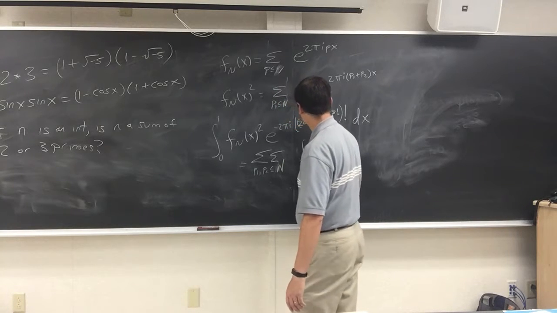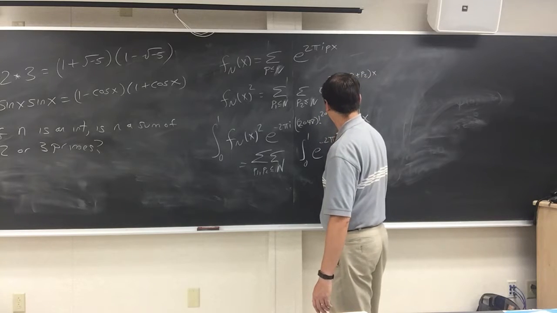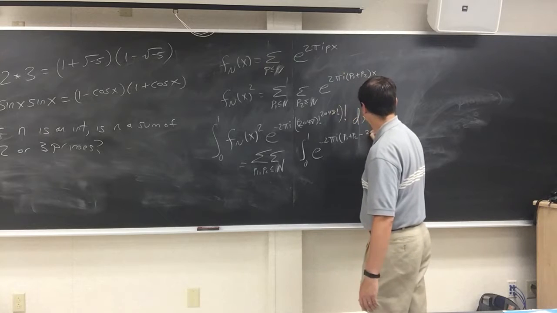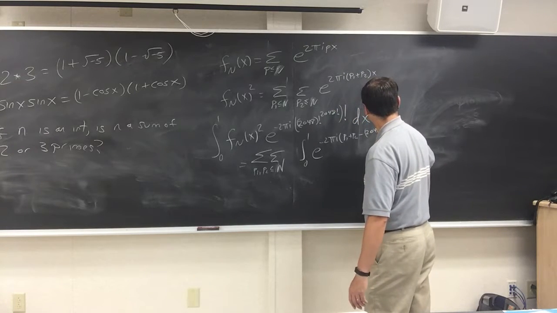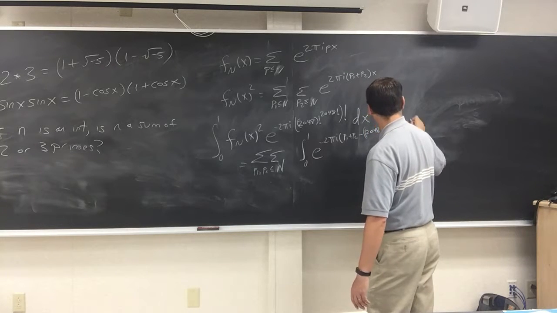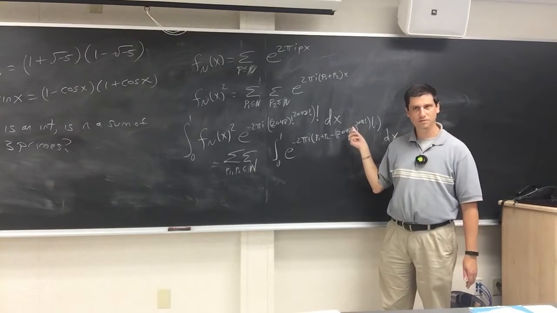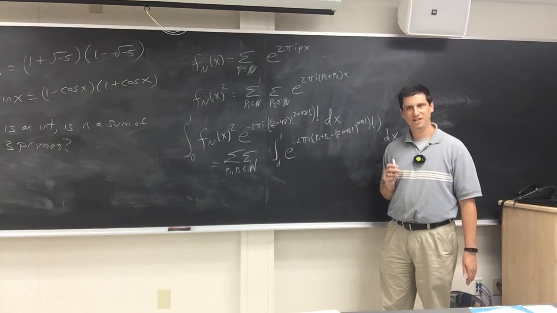And then I'll have the integral from 0 to 1 of e to the negative 2 pi i (p1 plus p2 minus 2048 factorial to the 2048 factorial factorial) dx. If this exponent is 0, I get 1. If this exponent is not 0, I get 0.